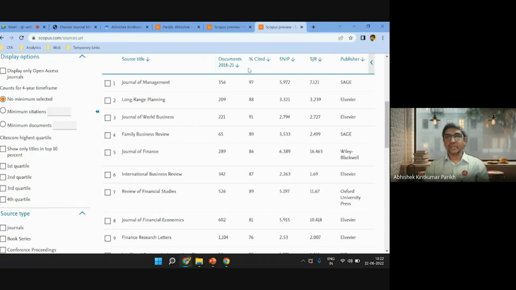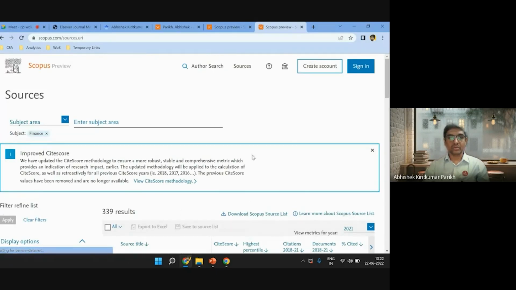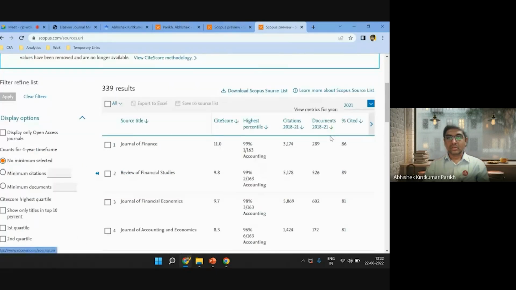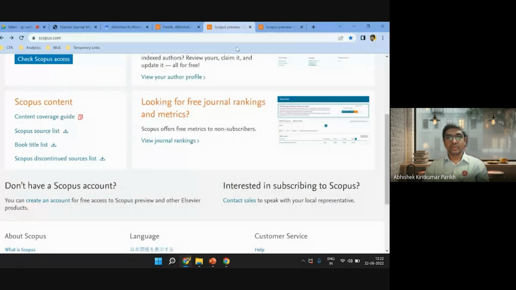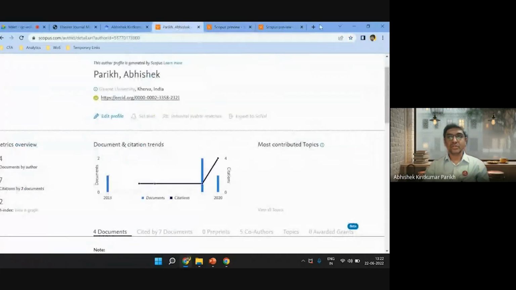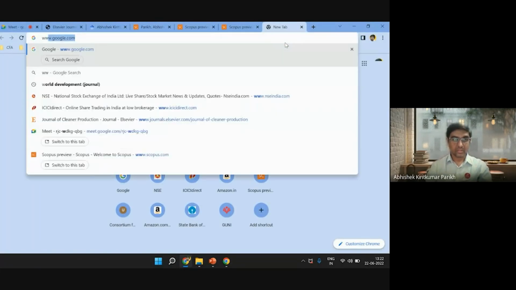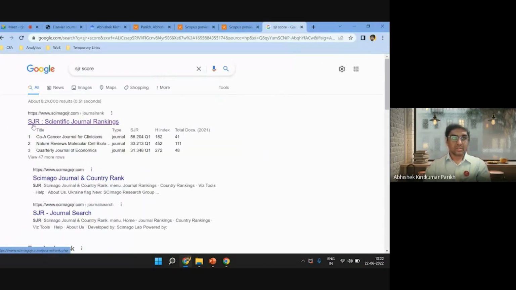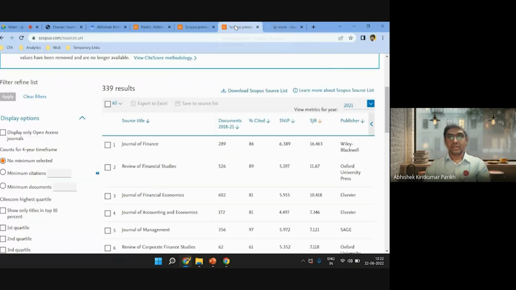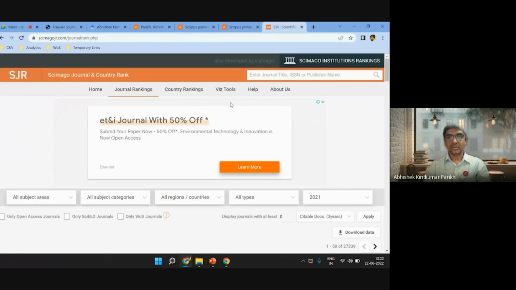If I want to understand this, I can click here and see all the citations, cited, SNIP, SJR score, right? If I want to find the SJR score, it is not given directly, but this is the SJR score. Where is the SJR page? Let me check one. Journal of Finance.